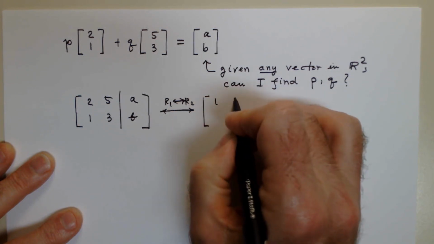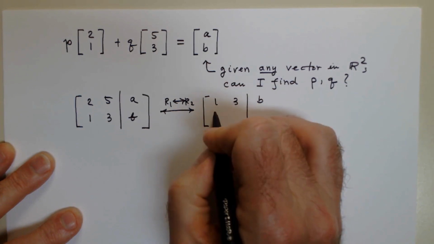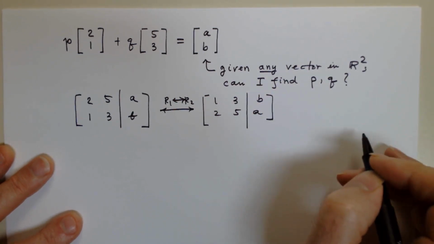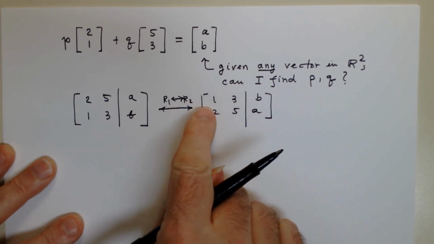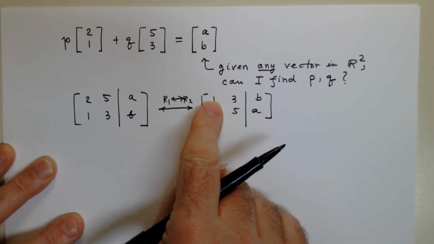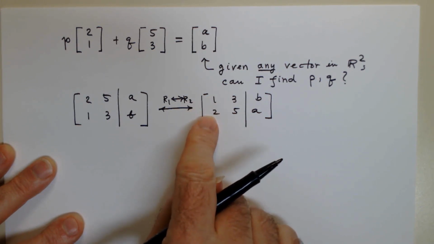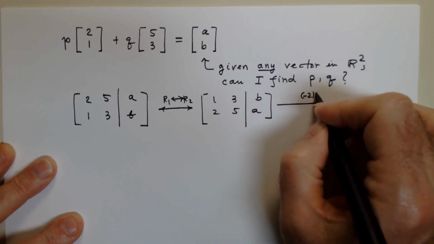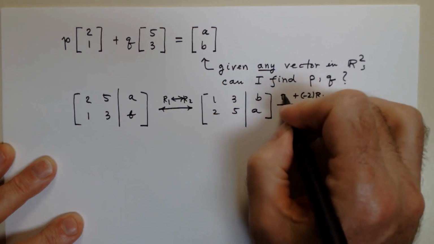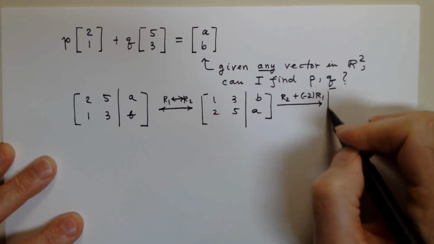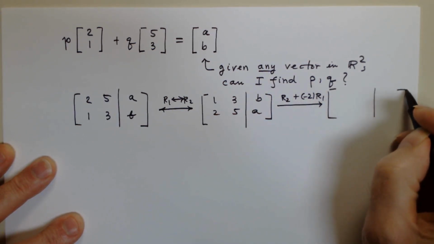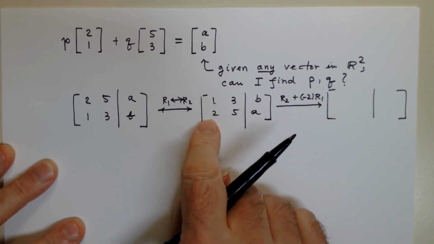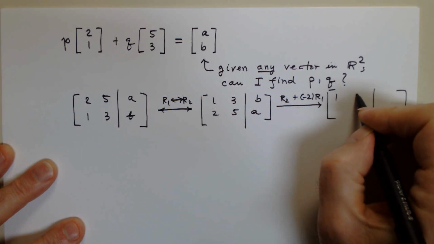I'll put the 1, 3, and b in the first row, and the 2, 5, and a in the second row. Now, I'm going to do negative 2 times this first row, added on to the second row. Let me get row 1 fixed first.